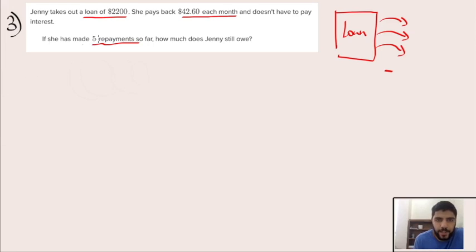Now, if I simplify these numbers, let's say I'll keep the 2,200, but let's make this 50 just to see what it would be like. It would be 2,200 minus 50. That would be like what's left after 1 month, right? And so this 50 needs to be multiplied by the number of months, which I'm just going to call m.